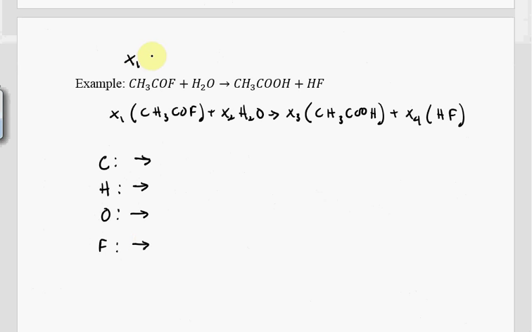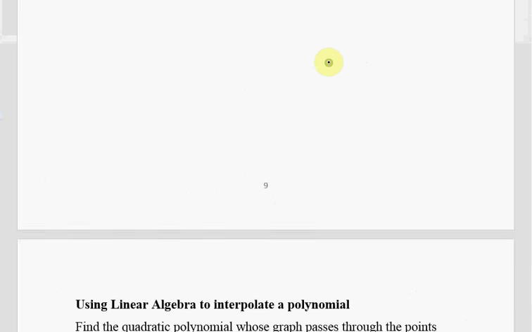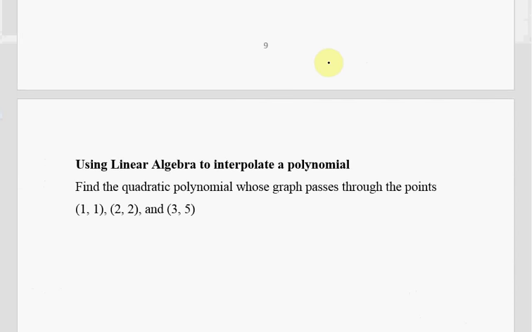You're going to end up with, once you solve all of that, they're all equal to 1. Well, you work that out and see what happens. All right.